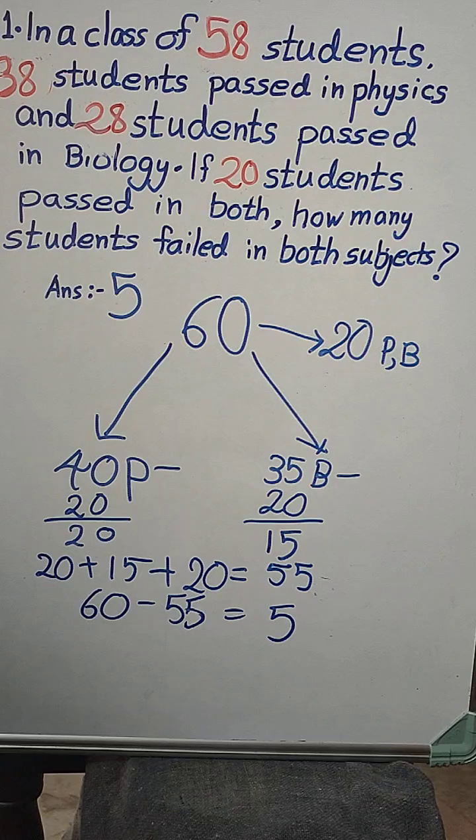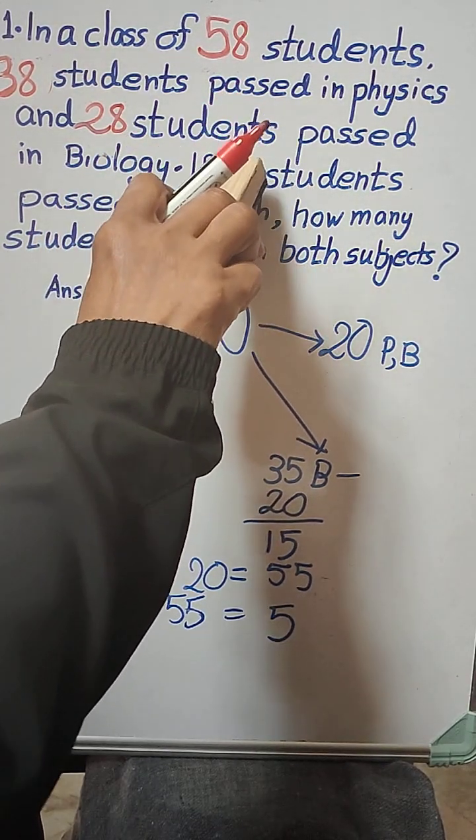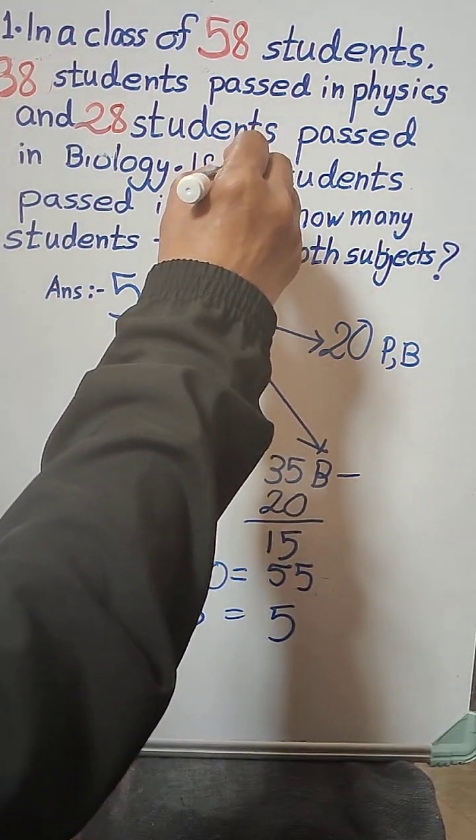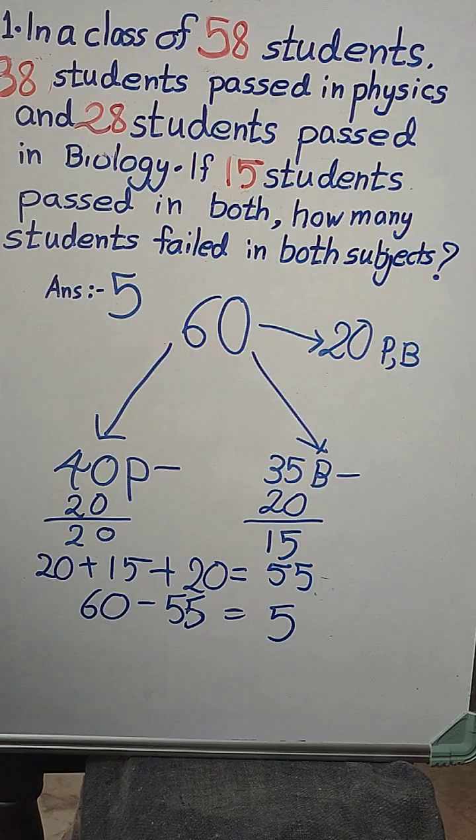If 15 students passed in both, how many students failed in both the subjects?